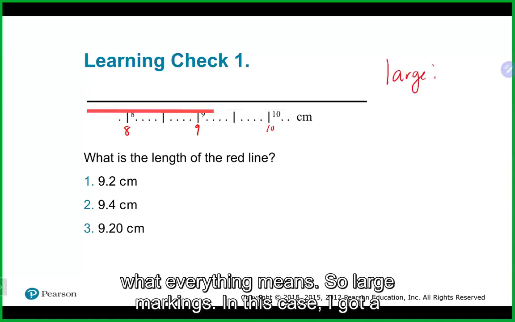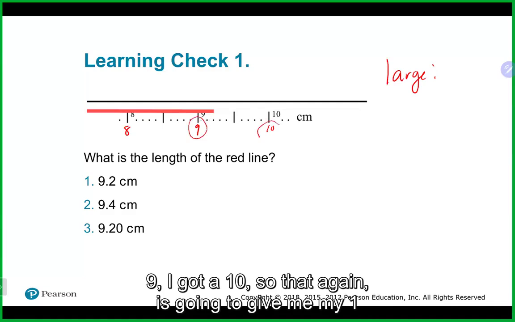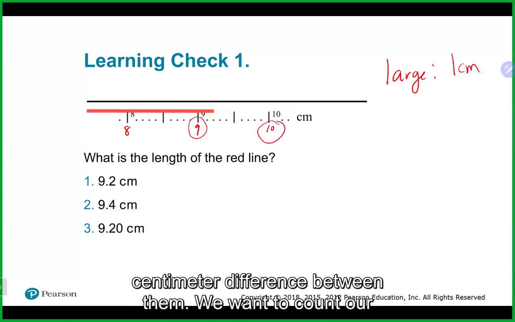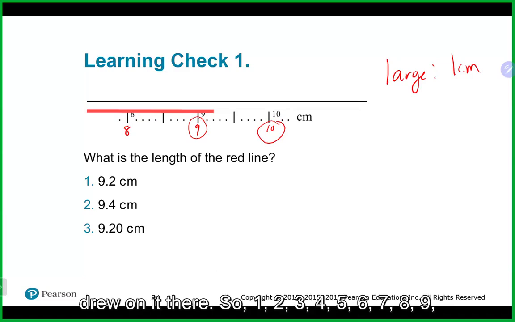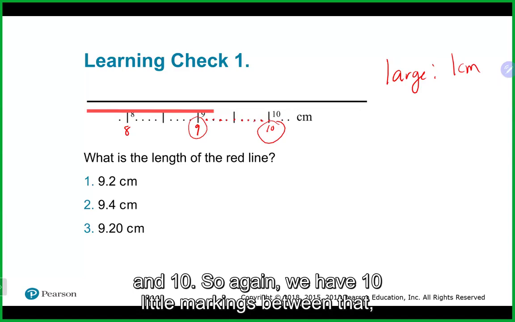So large markings in this case, I got a 9, I got a 10. That again is going to give me my 1 centimeter difference between them. We want to count our little markings, which we do have in this case. I kind of drew on it there. So 1, 2, 3, 4, 5, 6, 7, 8, 9, and 10. So again, we have 10 little markings between that.